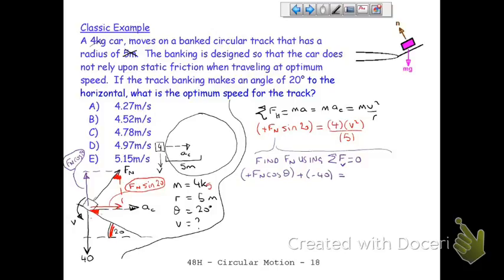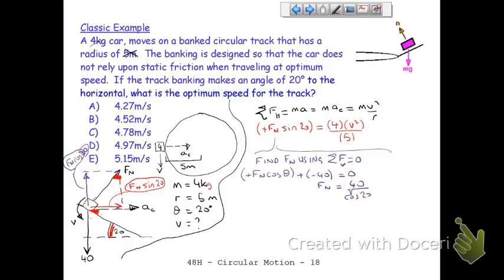is equal to, is there any acceleration vertically? No. Oh, I see. So this is going to be Fn is equal to 40 over cosine, I know the theta, don't I? It's 20 degrees. I should have said 20 here. Yep. So it's cosine 20.